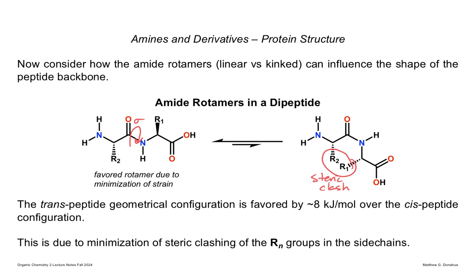If you think of those two structures as having the double bond between the N and the C, then you can assign cis and trans. And so the trans is favored over the cis by about 8 kilojoules per mole, because when R1 and R2 are on the same plane, that's when they start banging into each other.